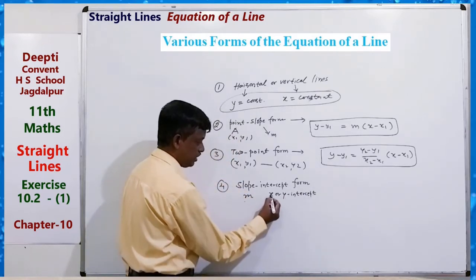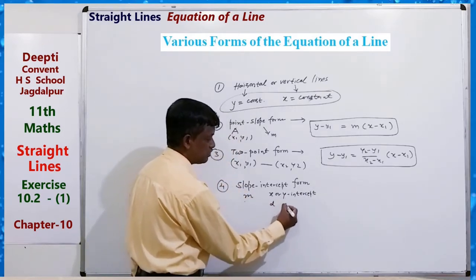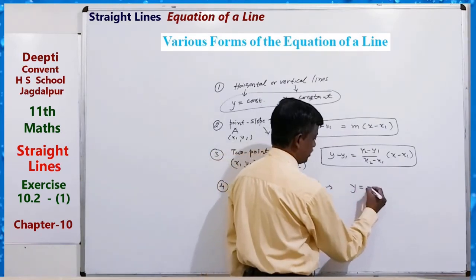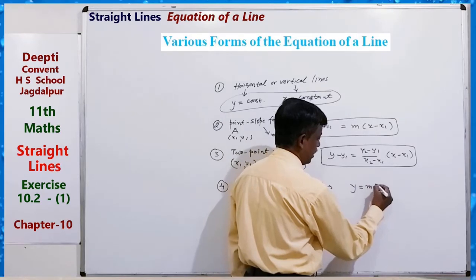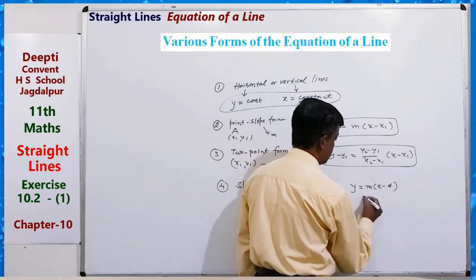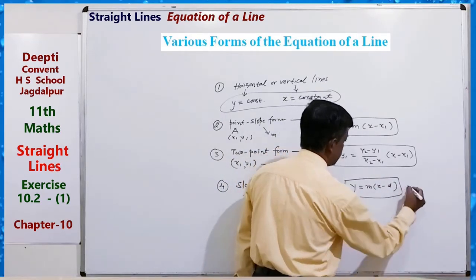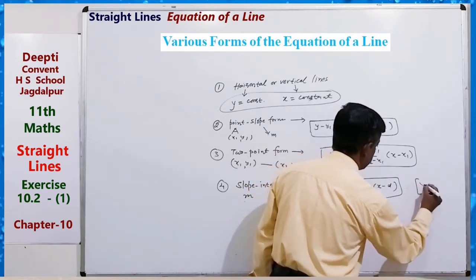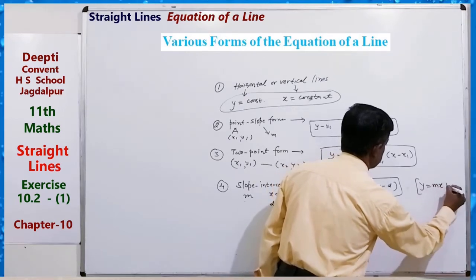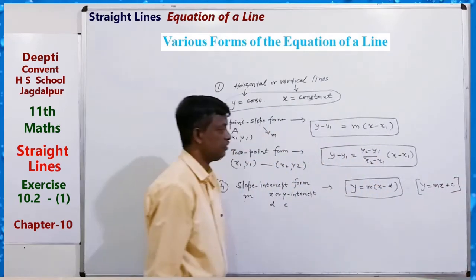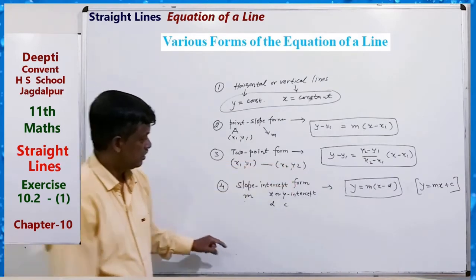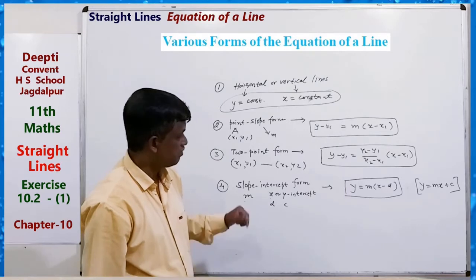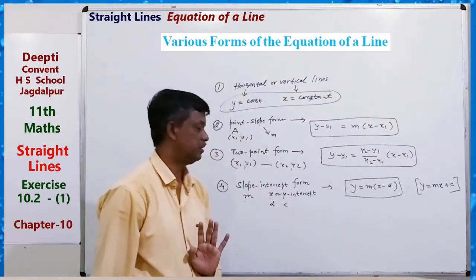If the slope is m, the x intercept is d, and the y intercept is c, then what is the equation? One is y equals m times x minus d, or another is y equals mx plus c. D is the x intercept, c is the y intercept, and the slope is m. Then the equation can be written like this.